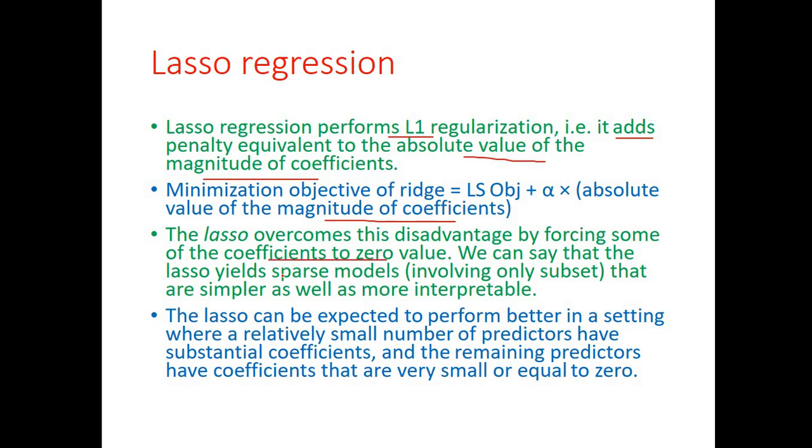Making some of the coefficients 0 results in a sparse model, and this sparse model will be simple and more interpretable. The lasso model can be expected to perform better in settings where a relatively small number of predictors have substantial coefficients and the remaining predictors have coefficients that are very small or equal to 0.